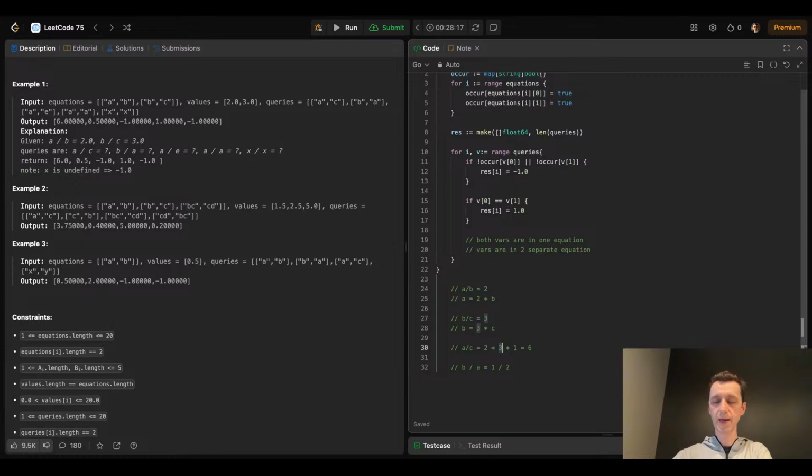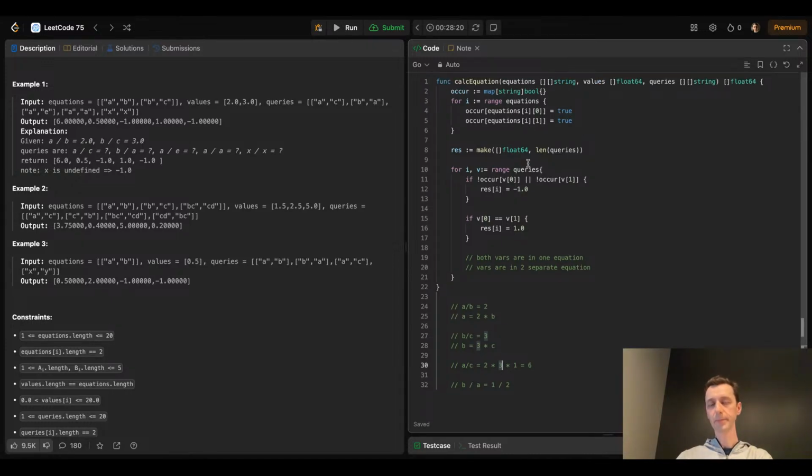So now it's getting more interesting. These two options: when both of them are in one equation, that's pretty easy.